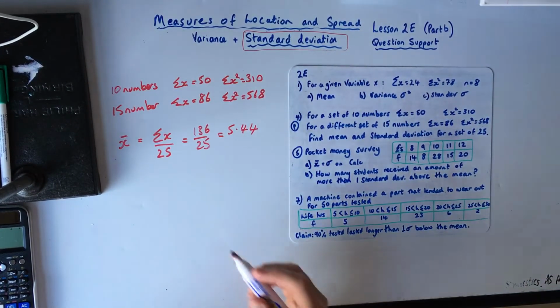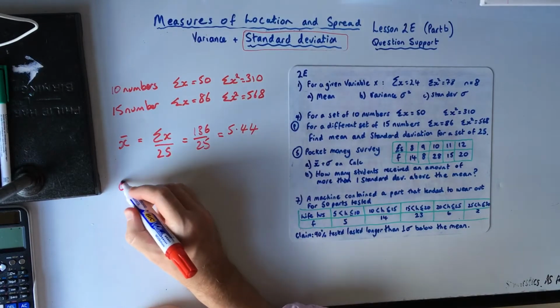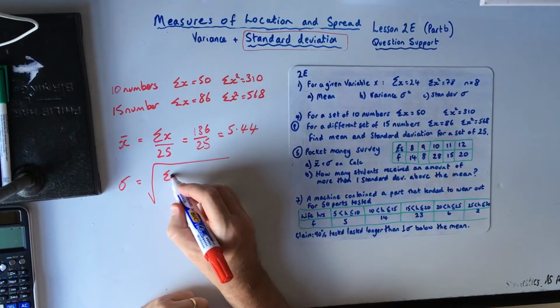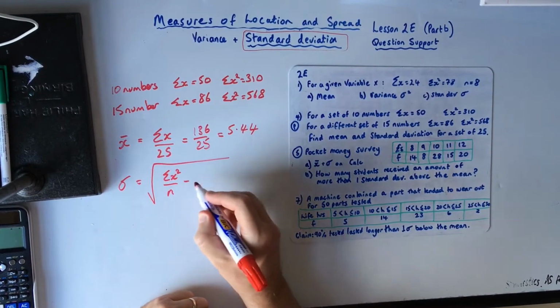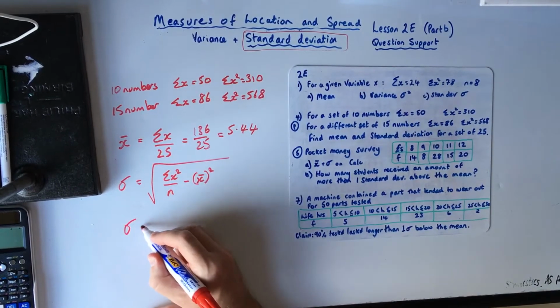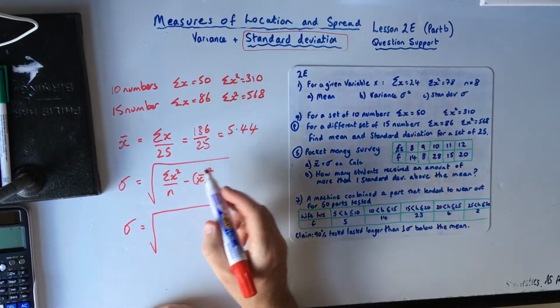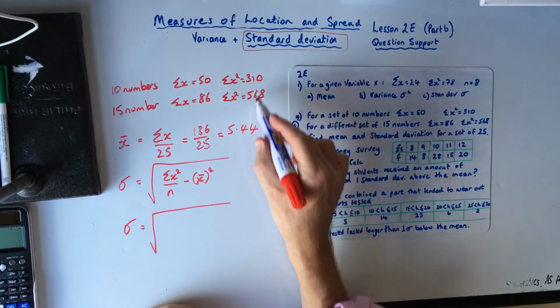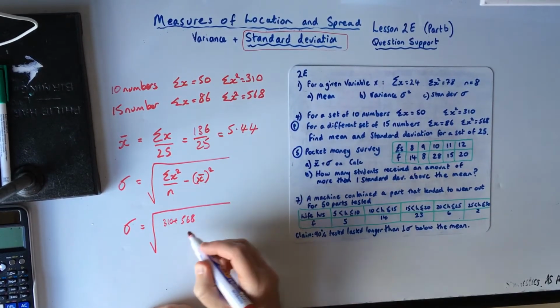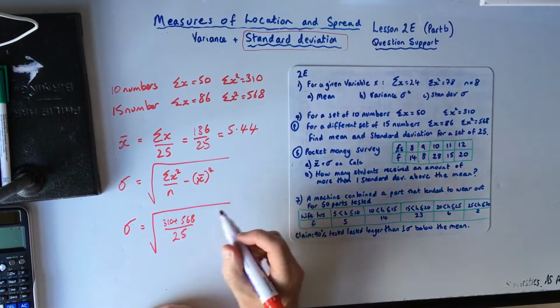That's what it was. And then it wants the standard deviation now, so that's the square root. We're going to square root it in the end. The sum of x squared over n minus the mean squared. In other words, it is the square root of, so it's these two added together, so 310 plus 568 all over 25.